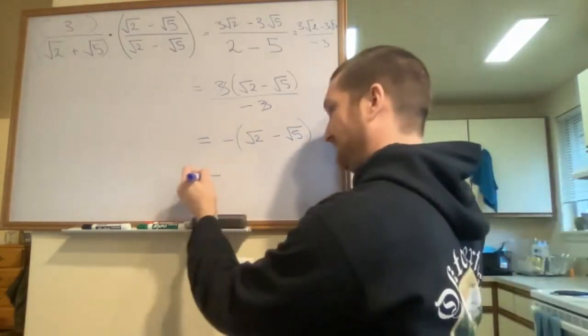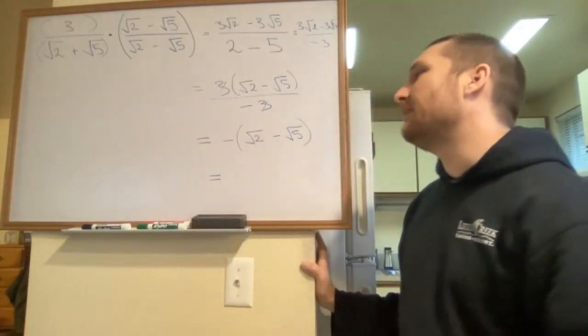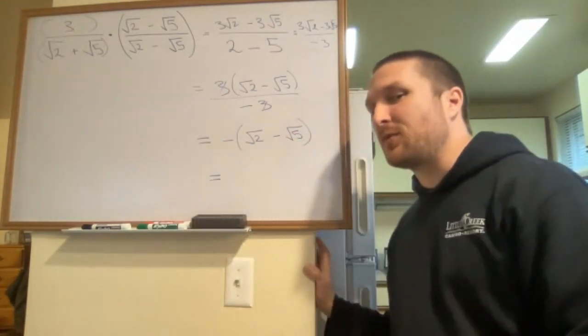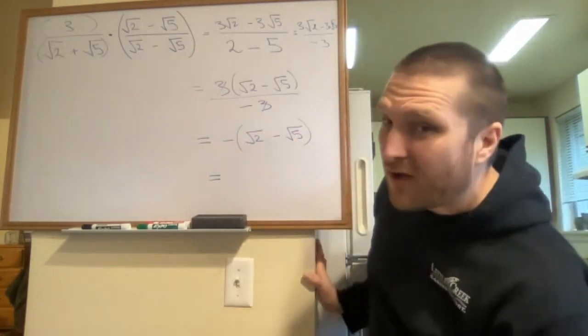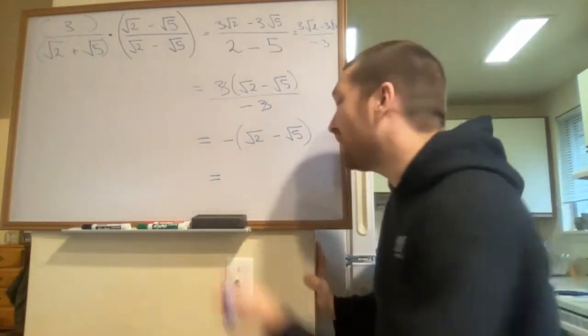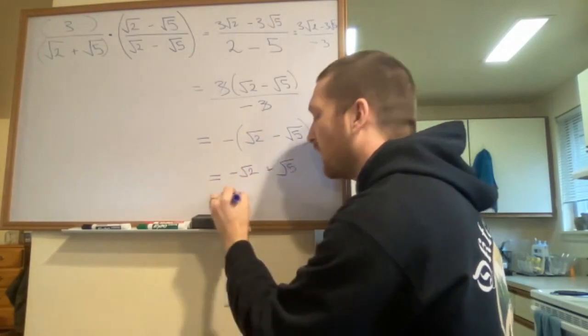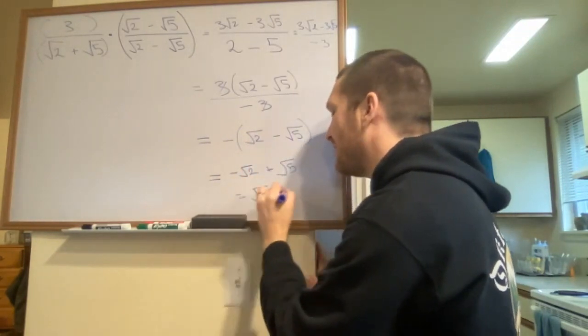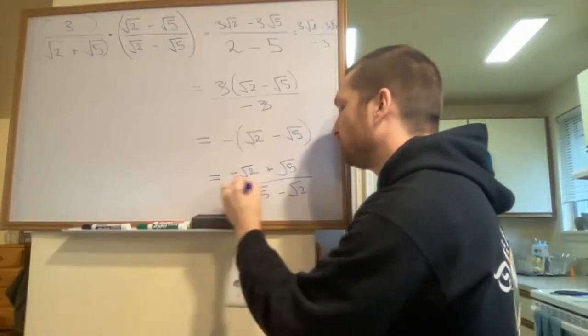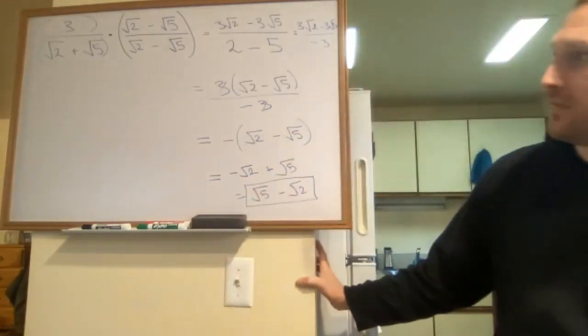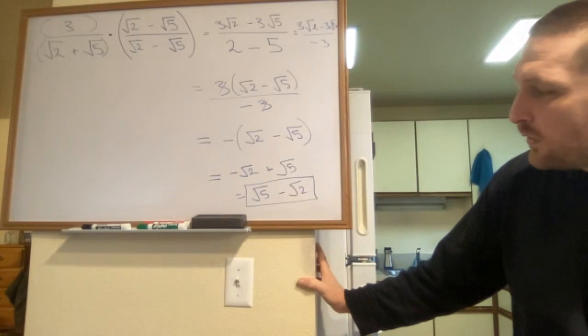Exactly. And we usually like to write the positive thing out front. You don't have to. We could write this as minus root 2 plus root 5, or if you like, root 5 minus root 2. However you want to do it.